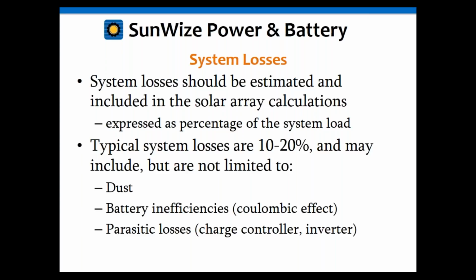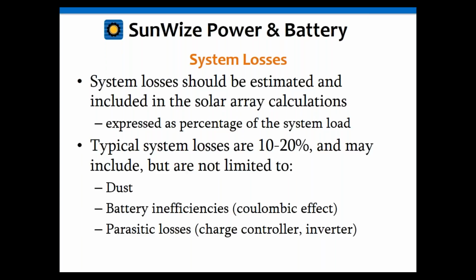There could be other parasitic losses, like the charge controller itself consumes a little bit of energy. You may want to take these numbers into account. You may also want to take into account some other types of losses like that. Like I mentioned before, maybe derates for aging or something like that. And if you go back to the IEEE standard I mentioned before, they'll mention some other ones in there as well.